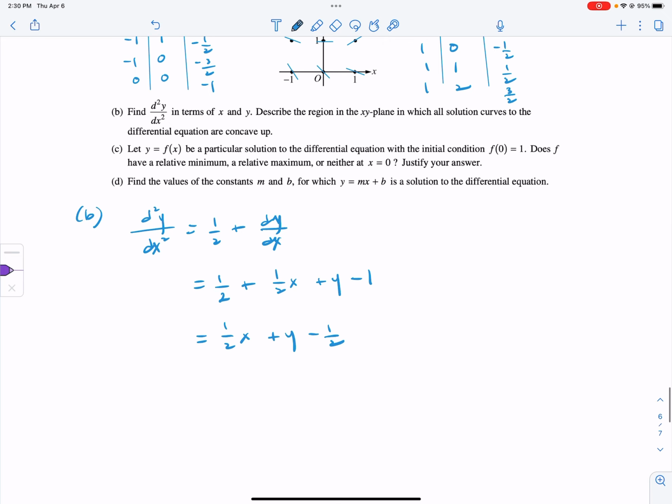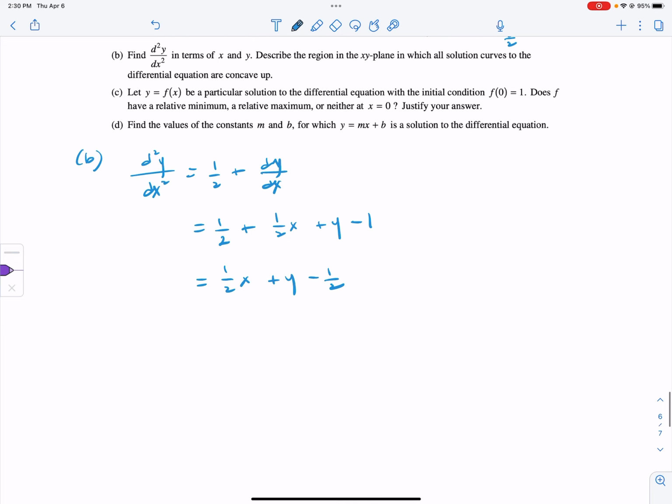Okay, describe the region in the xy plane in which all the solution curves to the differential equation are concave up. Well, concave up would be wherever the second derivative is greater than 0, right? Wherever the second derivative is positive. Concave up looks like a cup. So we figure out where 1/2 x plus y minus 1/2 is greater than 0.